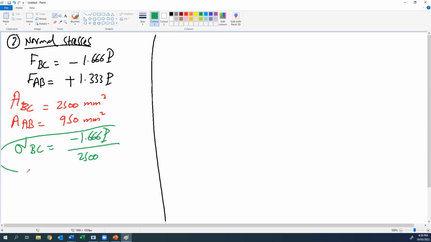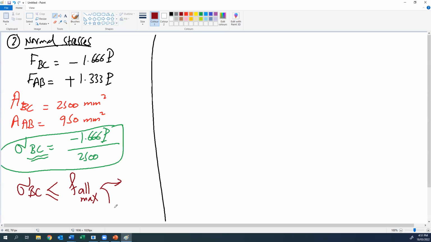How can we get B now? This is the stress in member BC. As we mentioned before, to make this member safe, sigma BC should be less than or equal to the maximum allowable stress. Okay, but we have two values, tension and compression.